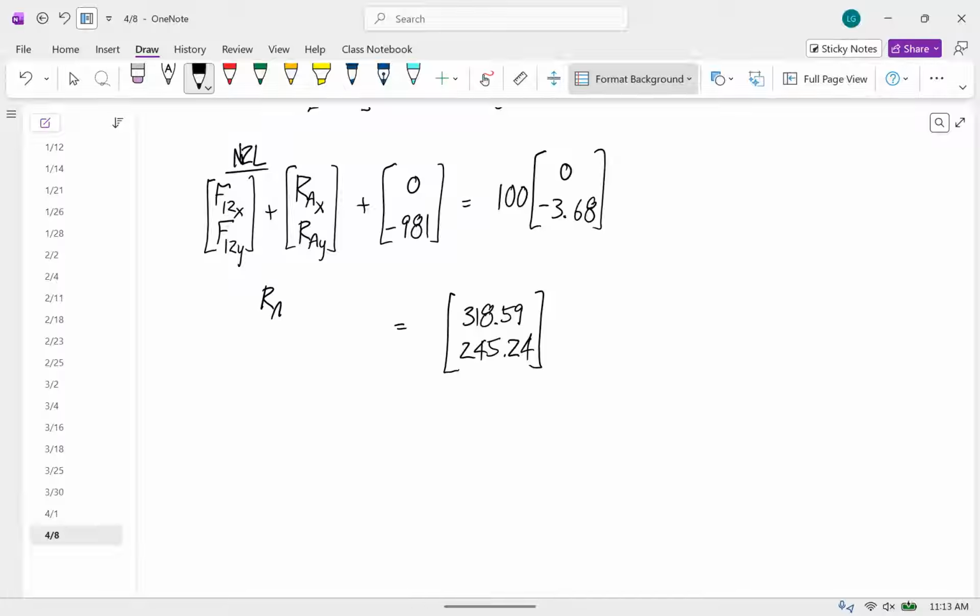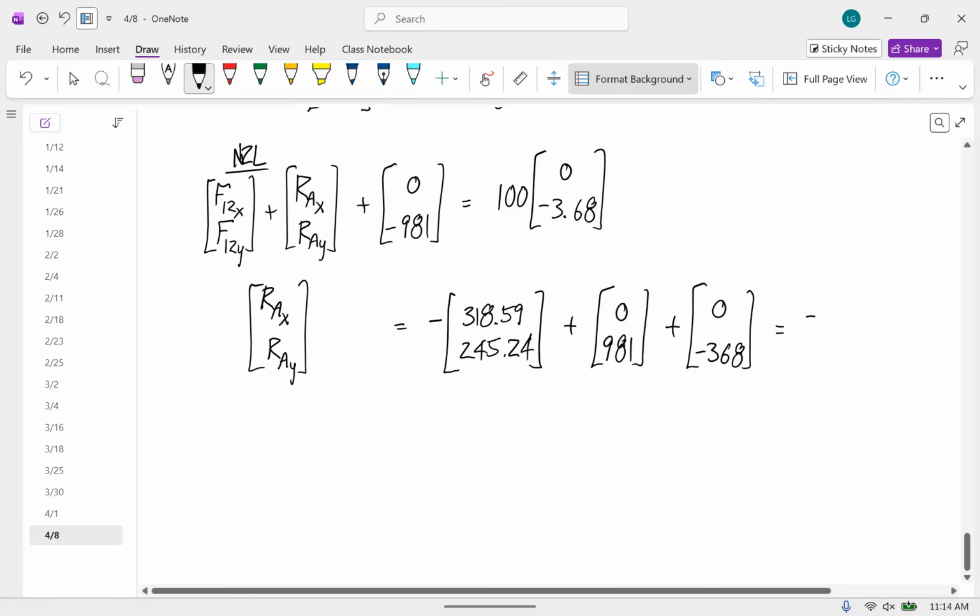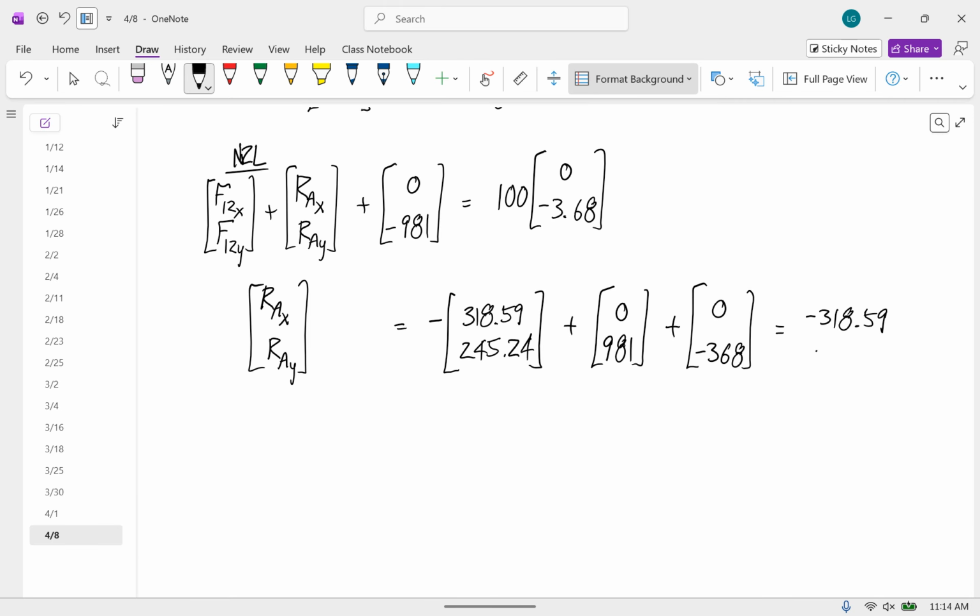So RAX, RAY is equal to the negative of this, plus 0, positive 981, plus 0, negative 368, and I got negative 318.59, positive 367.76.